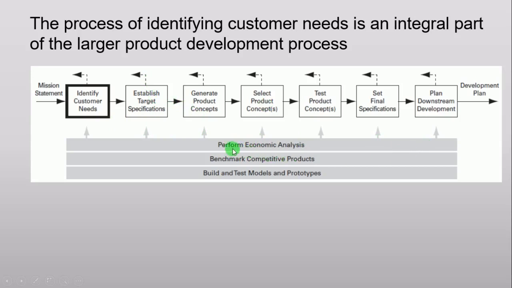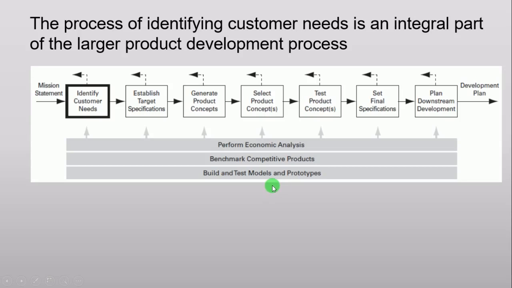For each and every step we require economic analysis, benchmarking of the products, and building and testing models and the product. For each and every step we require some of these activities.